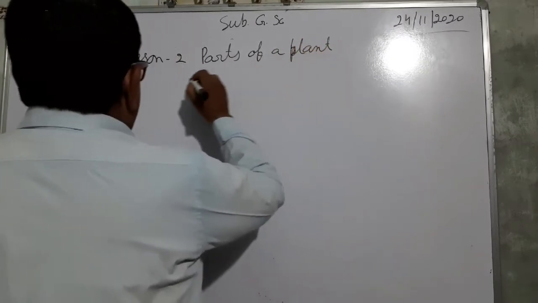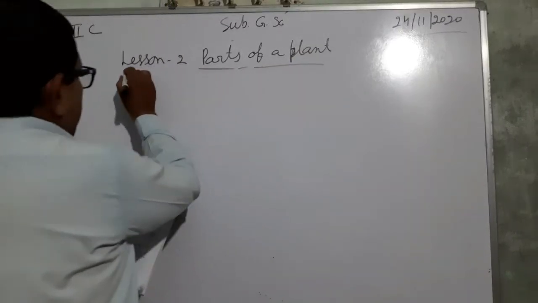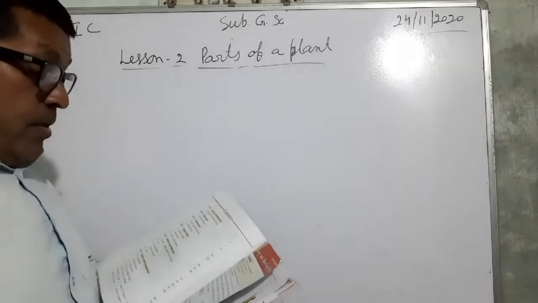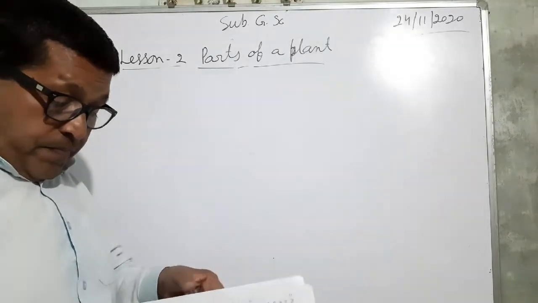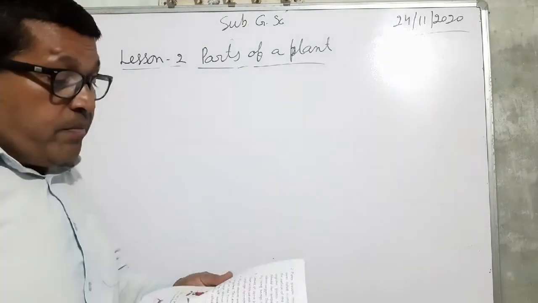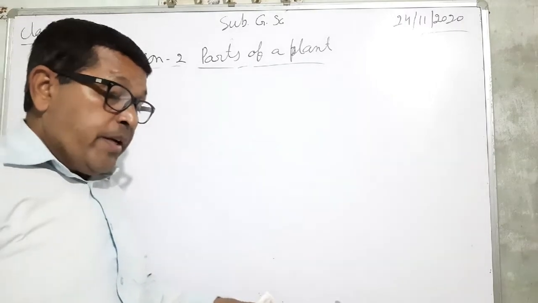We are studying this lesson, parts of a plant. So page number 9. Now we have to see page number 9. So we are reading this lesson.